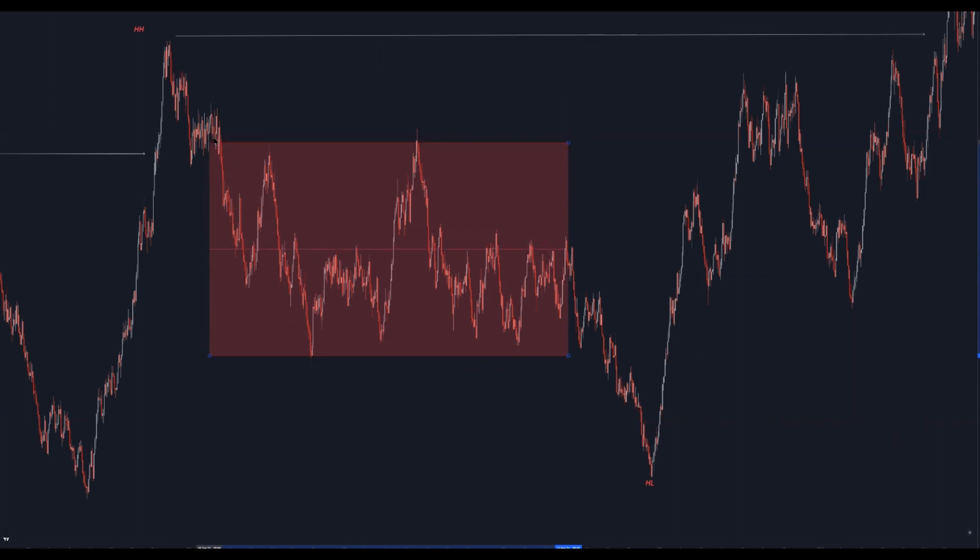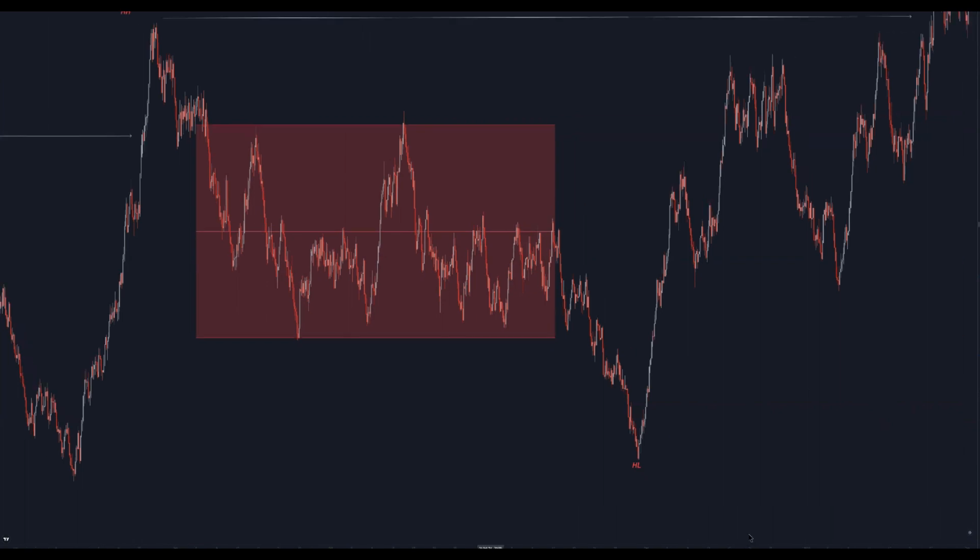If you look at it carefully, you remember what I said in the beginning of the class, that a ranging market comprises of only highs and lows, and it will keep bouncing off support and resistance levels. So look at this, it kept on bouncing, it kept on bouncing.